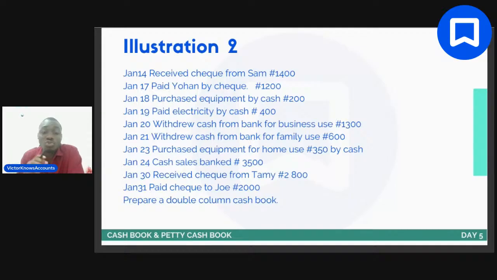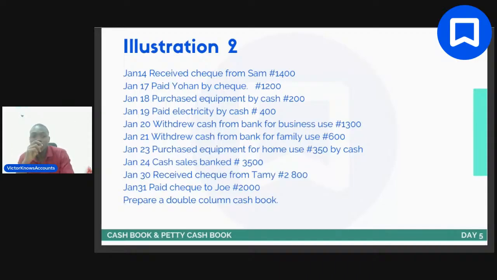Because it was withdrawn from the bank, the drawings will be recorded on the credit side, of course, because money is leaving. That 600 will be under the bank column. But withdrew cash from bank for family use is not a contra entry. But the transaction on January 20, withdrew cash from bank for business use, is what?